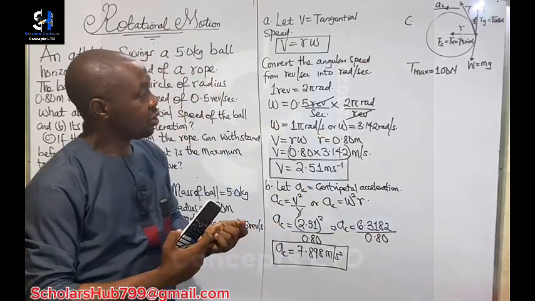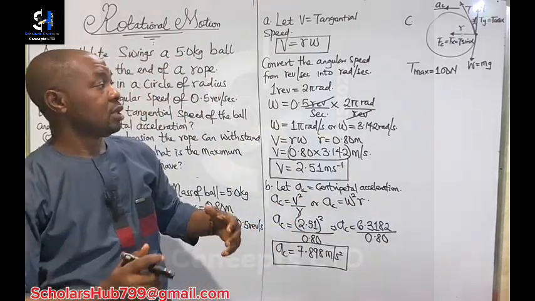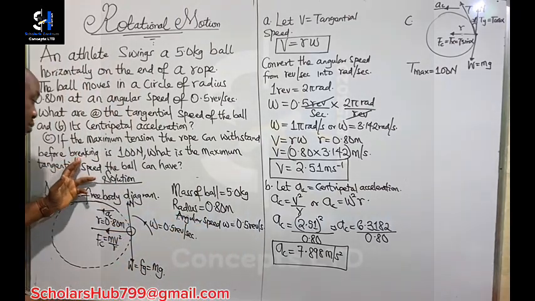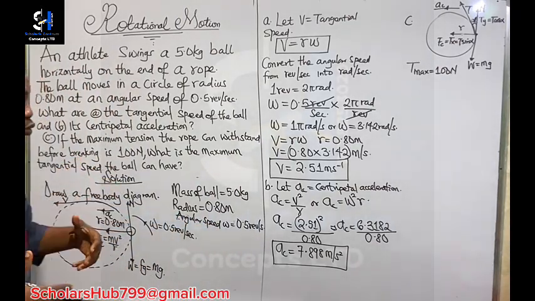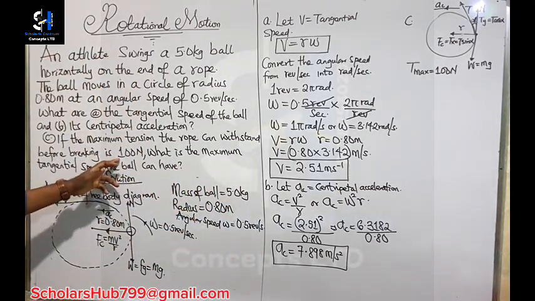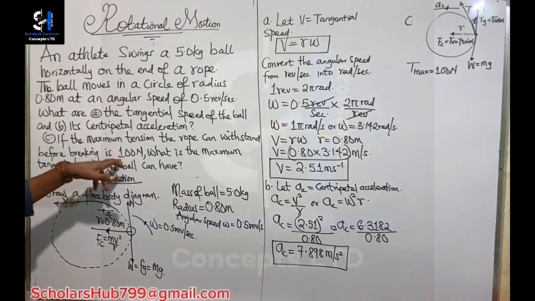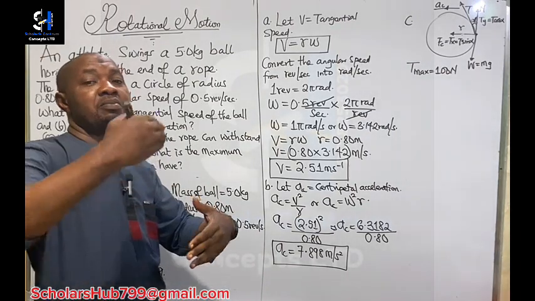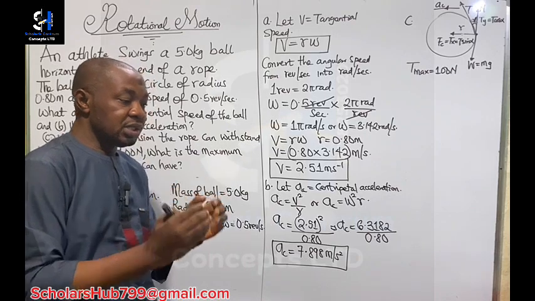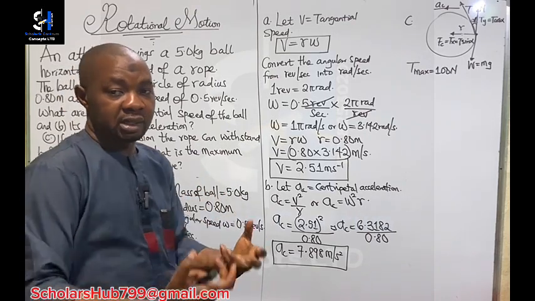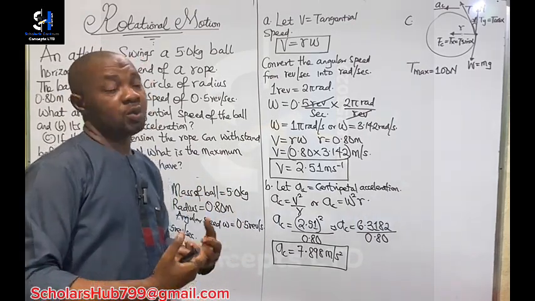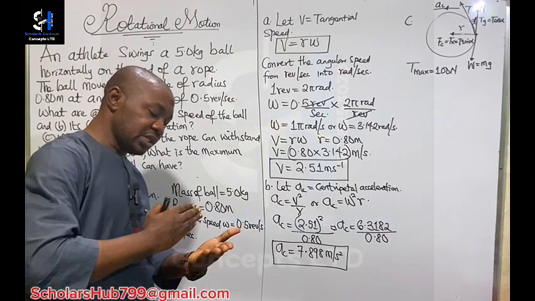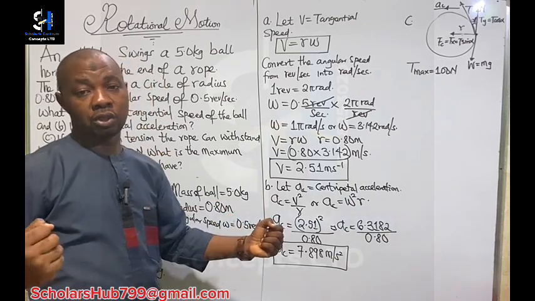The best thing is to understand that the rope can withstand a maximum tension of 100 Newton before breaking. Anything above 100 Newton, the rope will break.